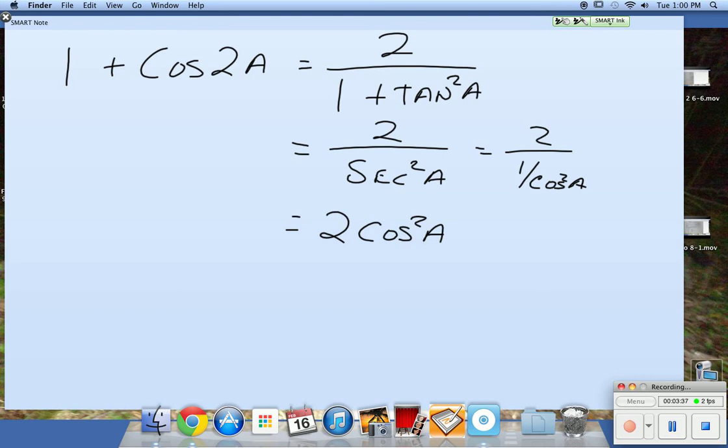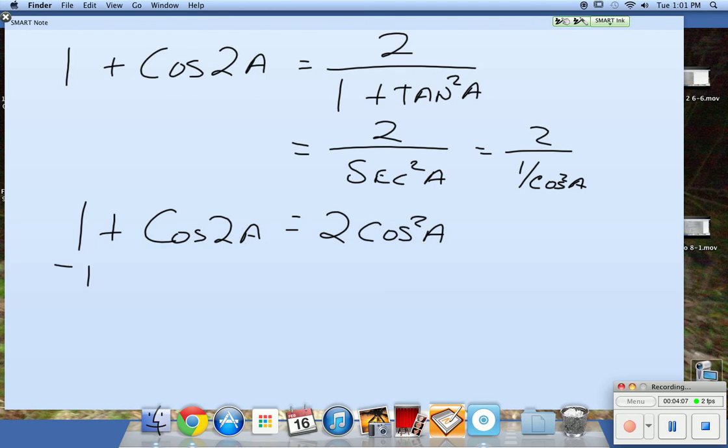Well, now I've got 1 plus cosine 2a equals 2 cosine squared of a. Take a look at my double angles. 2 cosine squared of a minus 1 equals cosine 2a, right?